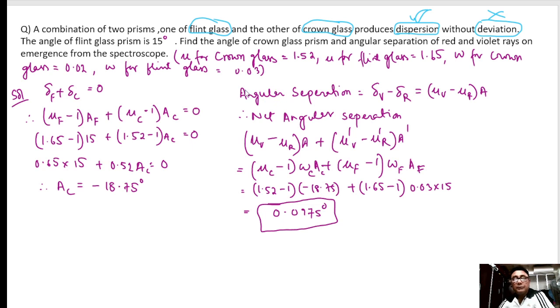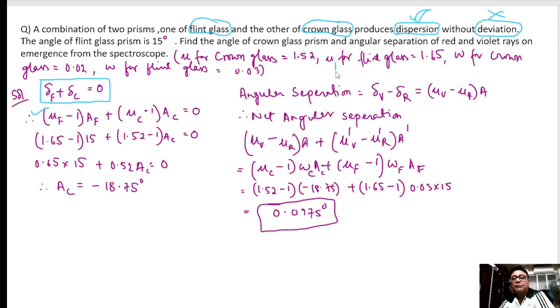So here we know that this is the net deviation formula, which should be 0, and this is the formula for net deviation for flint glass and crown glass. We write it using the values which are already given. Refractive index for crown glass is given 1.52, for flint glass it is given 1.65.